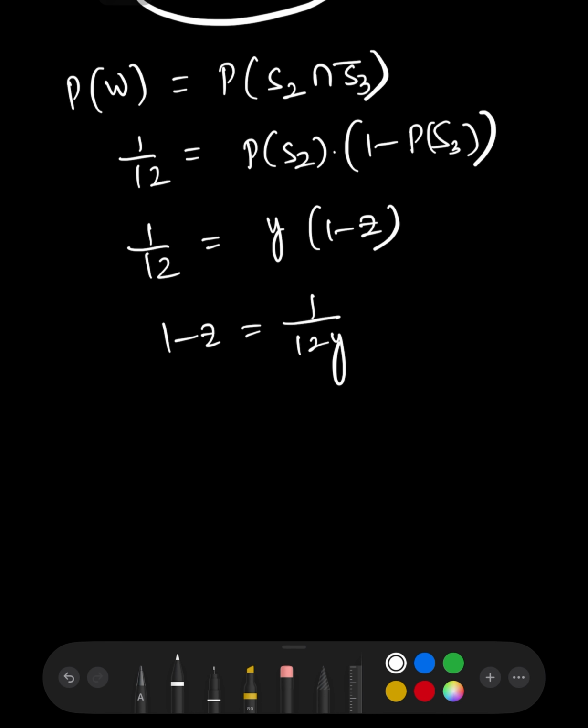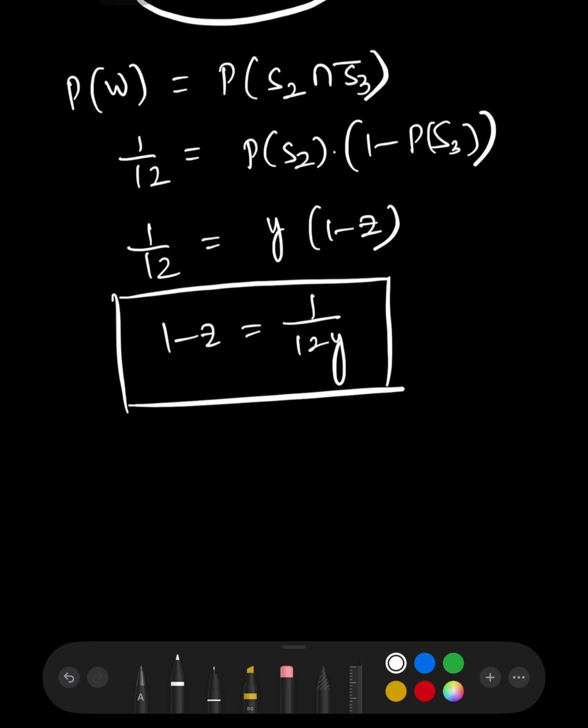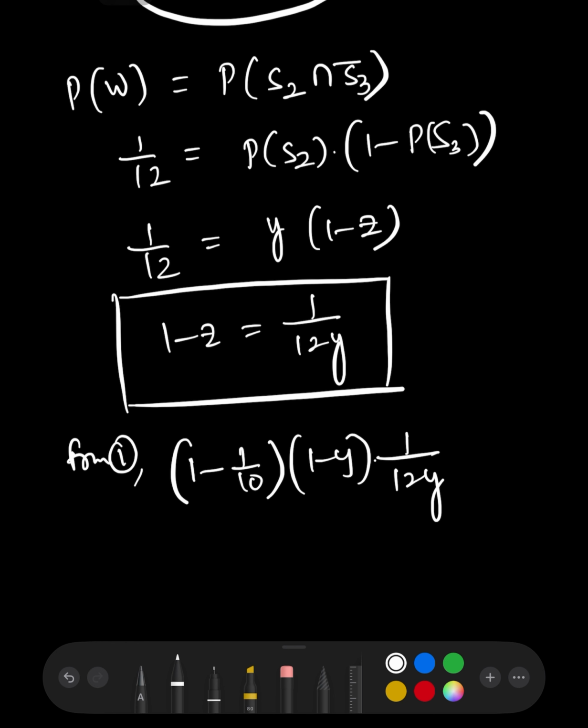Right. So in this case, we got the value of 1 minus z, and the x value we got, and from equation 1, 1 minus x is 9 by 10, and (1 minus y) into (1 minus z) with 1 minus z as 1 by 12y equals 1 by 2, right?